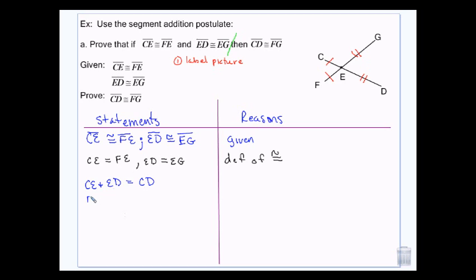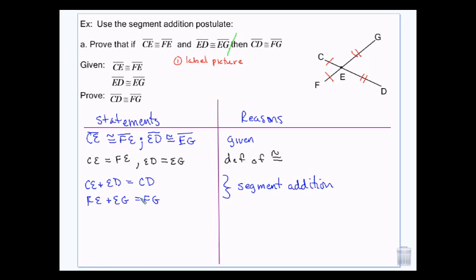And then FE plus EG is going to equal FG. And for both of those is the segment addition postulate. So you could just say segment addition. Okay, so I've added the pieces together to get the whole.